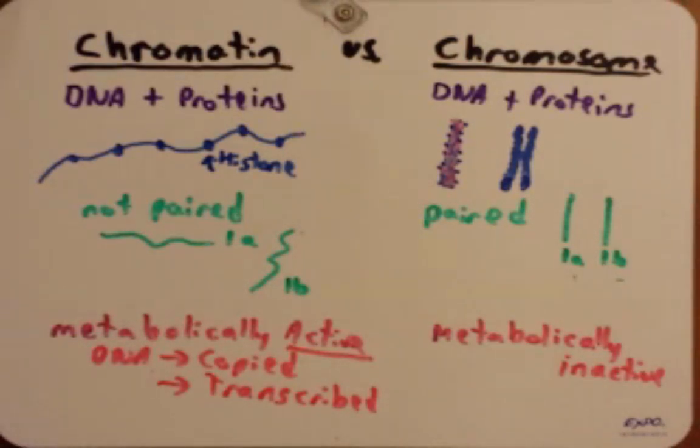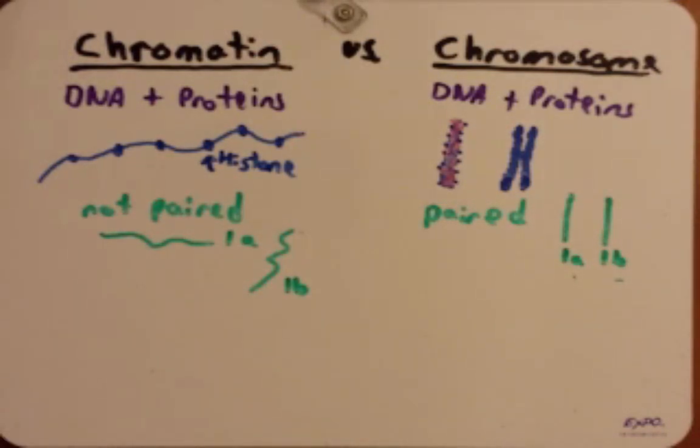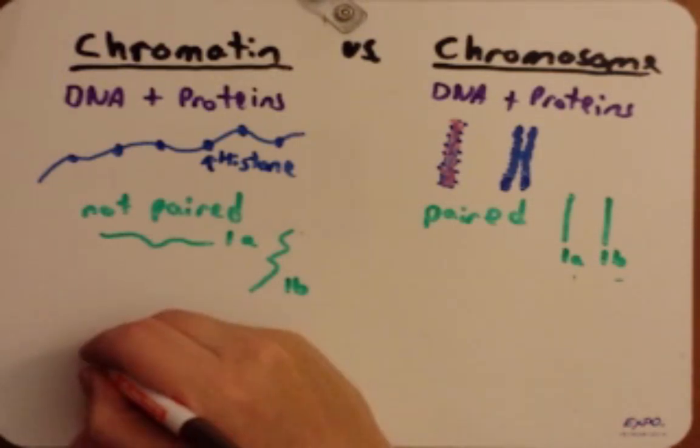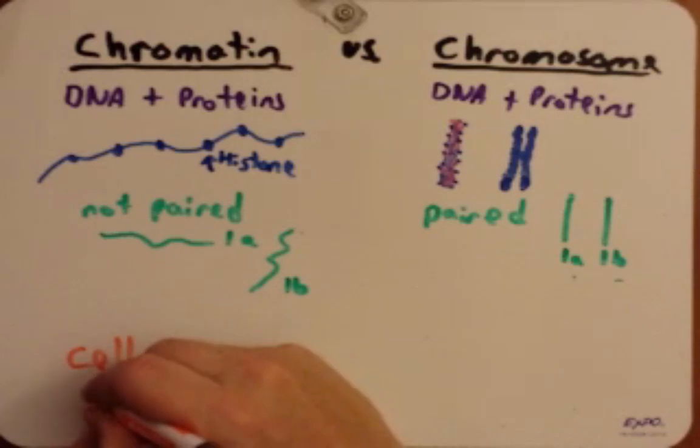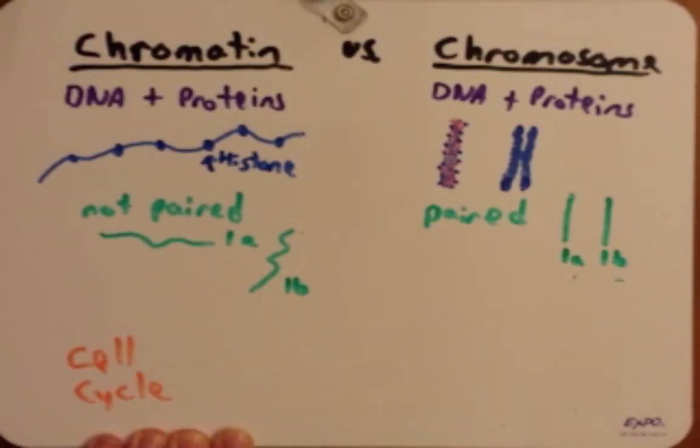I ran out of room on my whiteboard, and I did want to say one more thing about the differences between chromatin and chromosomes. So I'm going to erase this very bottom part here. So this next thing I want to talk about, when we compare chromatin with chromosomes, involves the cell cycle. We're going to talk about the cell cycle in much greater detail in the next few podcasts.